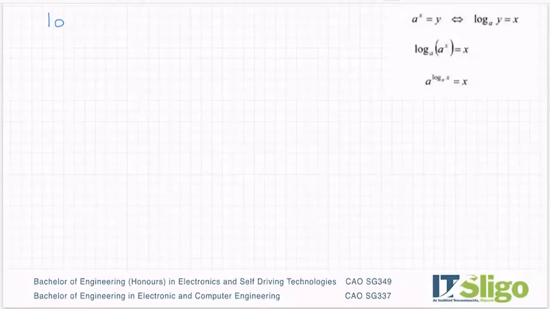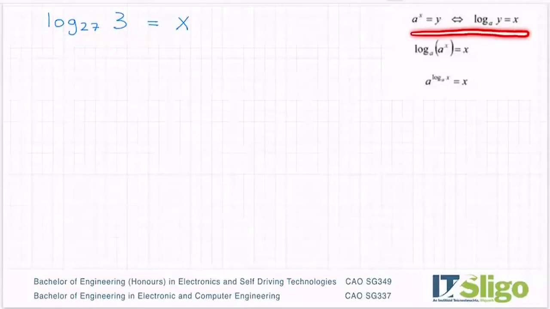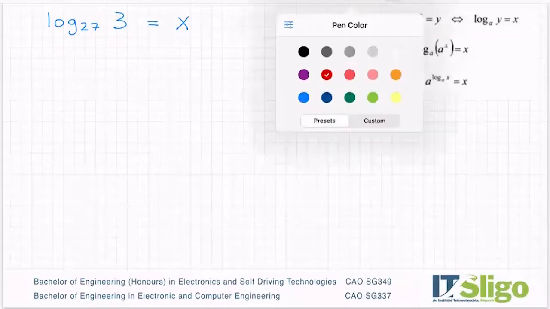So log to the base 27 of 3 equals what? Let me put an x in there rather than a question mark. Let's see if we can do the switch here. Let's see if it makes sense. Yes, you can just put this into the calculator, no problem at all. But just for the purposes of practicing the switch, can we do it here?